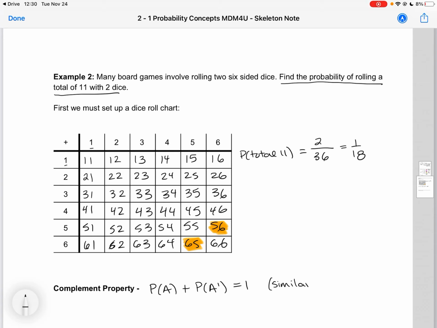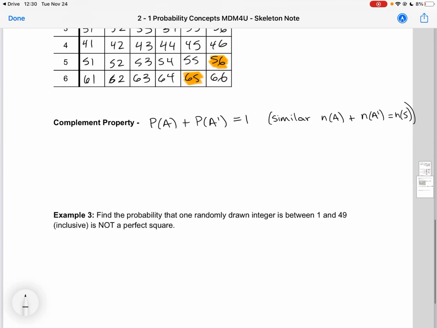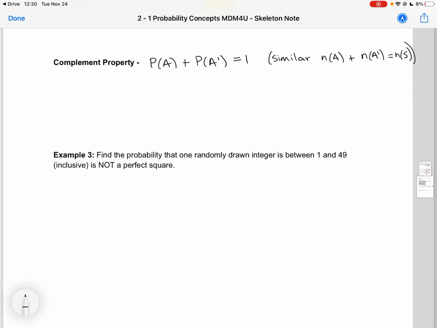This is similar to our idea of the number of elements in set A plus the number of elements that are not in set A has to equal our total number of elements that are in the sample space. So the example that we're going to look at here to illustrate this property is using perfect squares. We're going to find the probability that one randomly drawn integer between 1 and 49 inclusive is not a perfect square.